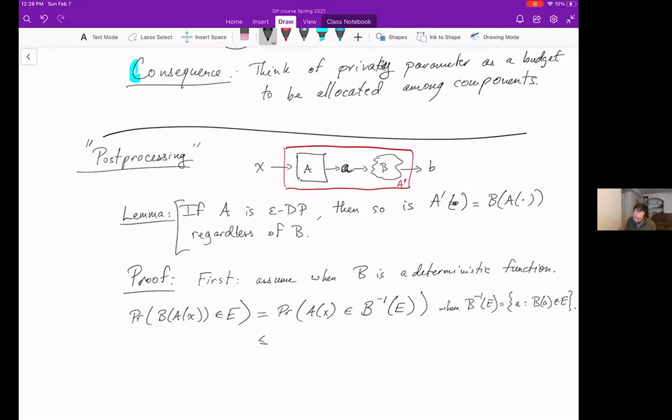And so by differential privacy, that's at most e to the epsilon times the probability that A of some other neighboring data set X prime lies in that set, assuming X and X prime are neighbors. And then this is just equal to e to the epsilon times the probability that the composed algorithm on input X prime produces output in E.